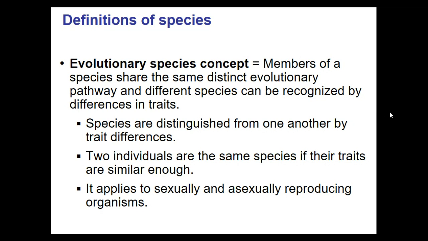So this evolutionary species concept, which is based on traits, is the one that is used mostly for something like bacteria. We can't use the biological species concept. We compare how similar these two bacteria cells are, what traits they have in common, and what's different.